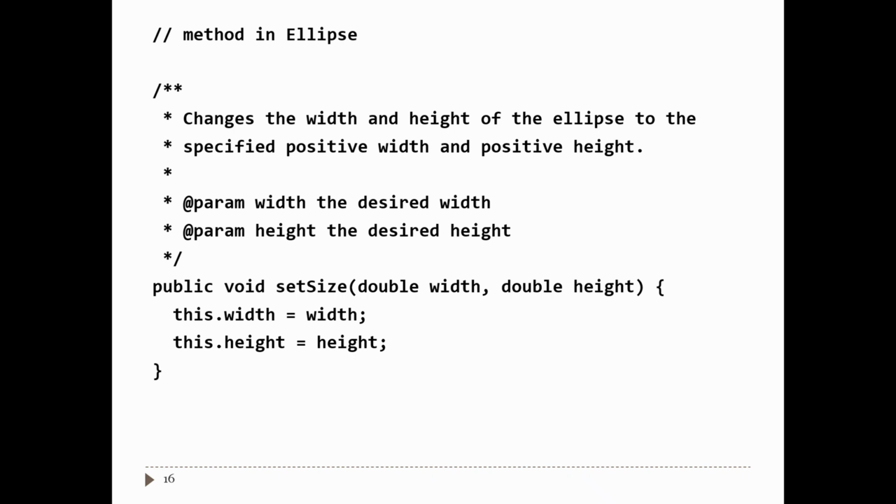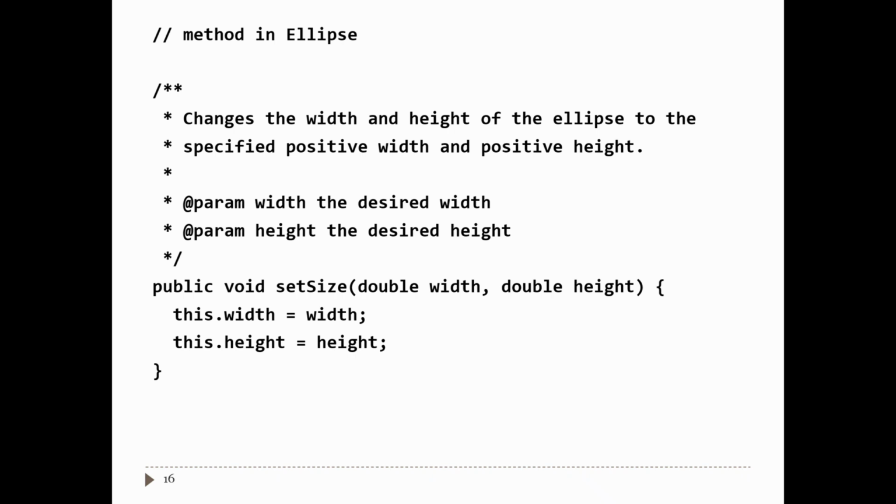For an ellipse, that's fine. You can independently change the height and the width of the ellipse, and that's a perfectly normal operation. It makes sense mathematically, and it makes sense if you're thinking of ellipses as ovals and you're trying to make a drawing program. So this method is perfectly legitimate in ellipse.